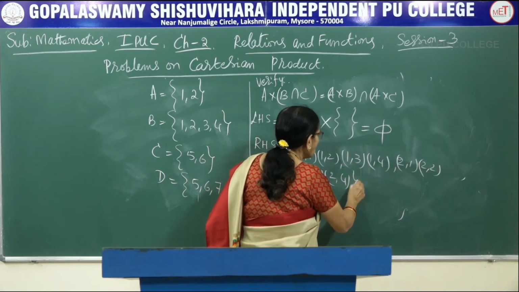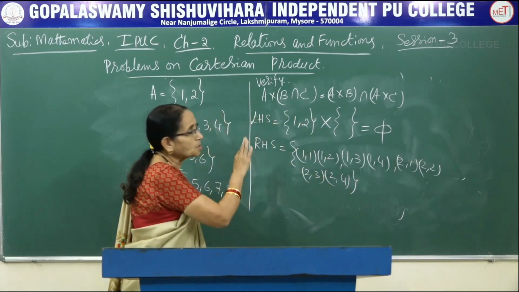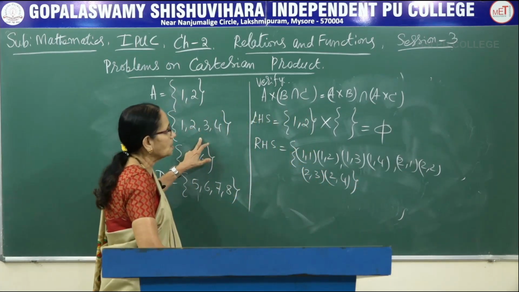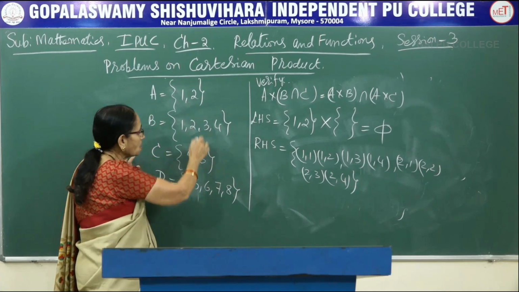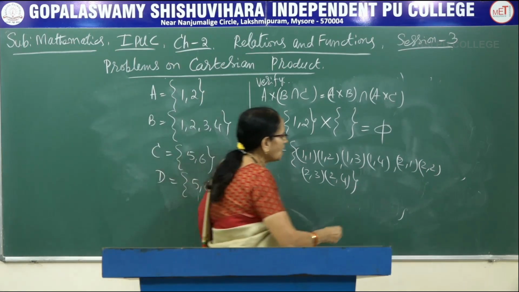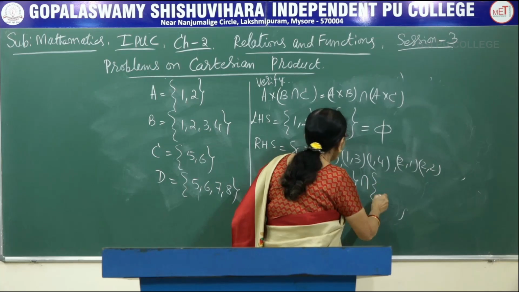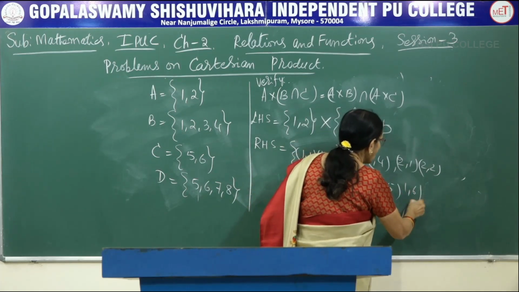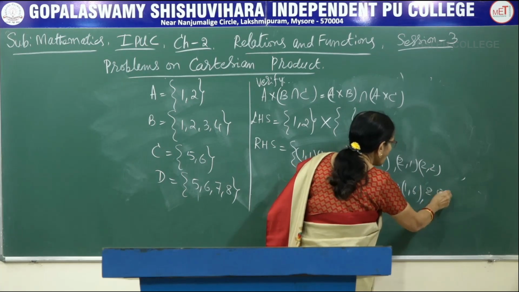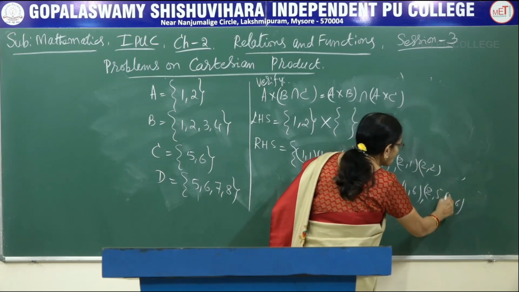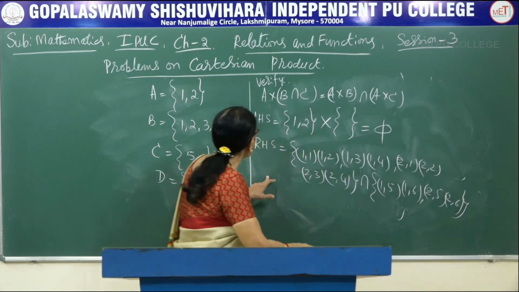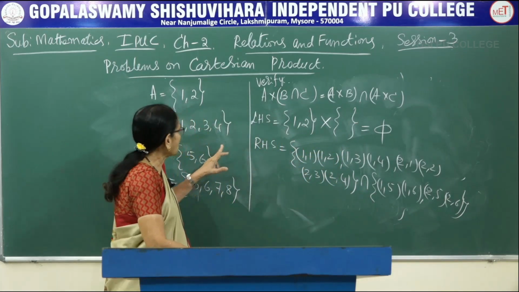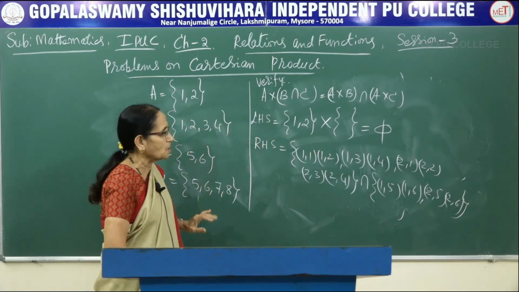So these are the 8 elements of the first Cartesian product A cross B. Now take the other one, A cross C. C has got only 2 elements and A has got only 2 elements. It is 1 5, 1 6 and then 2 5 and 2 6. So the first one has 8 elements, and the second Cartesian product has 4 elements.